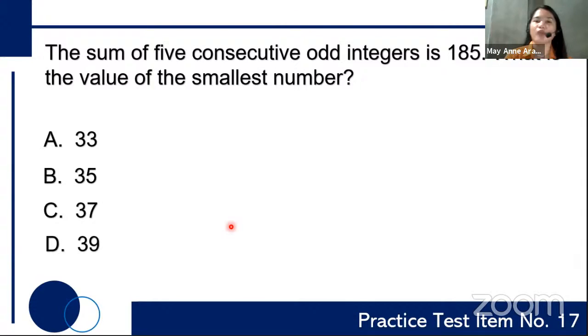So we have 2x plus 1, 2x plus 3, 2x plus 5, 2x plus 7, 2x plus 9. Kasi 'di ba pag even number, lagi yung may sobra na 1. So to express consecutive odd integers, we have 2x plus 1, 2x plus 3, 2x plus 5, and so on. Okay, let's have the answer.